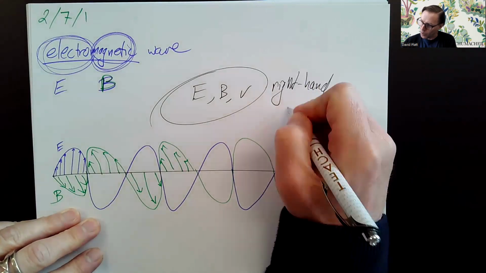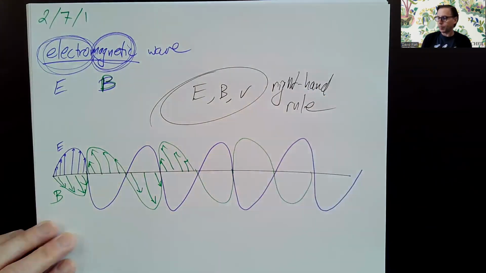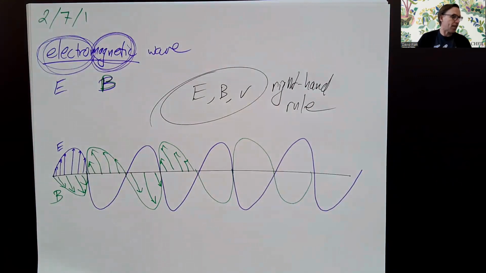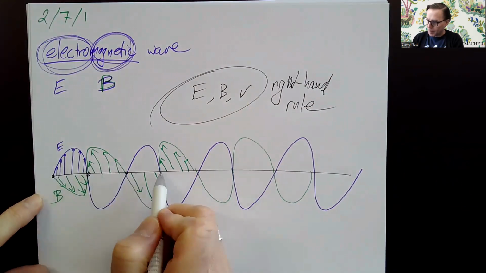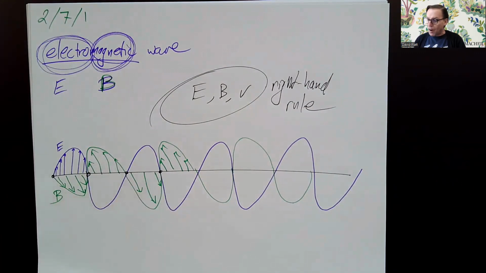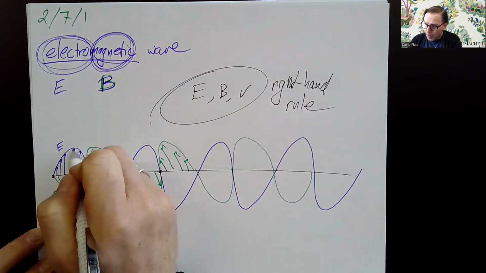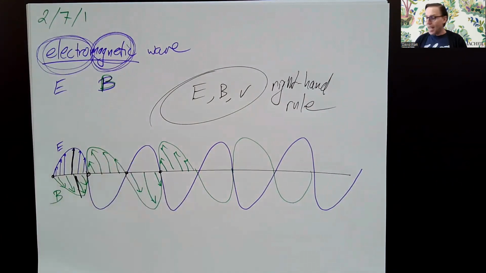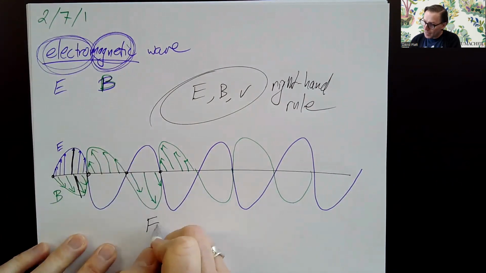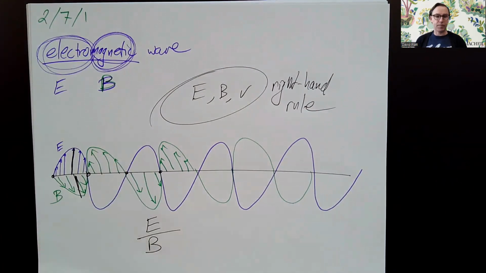The right hand rule. One more thing about this equation, and then we'll move on to something else. We said that E and B are 0 at the same time, and they are also maximum at the same time. It turns out that the ratio of E to B remains constant.